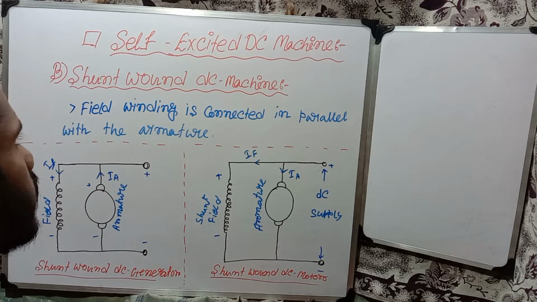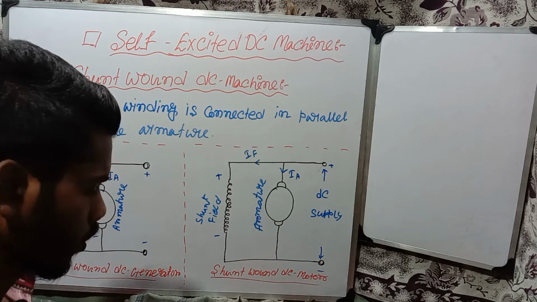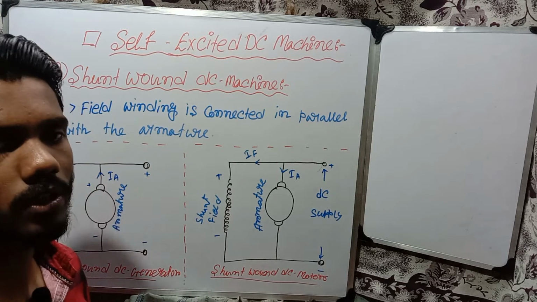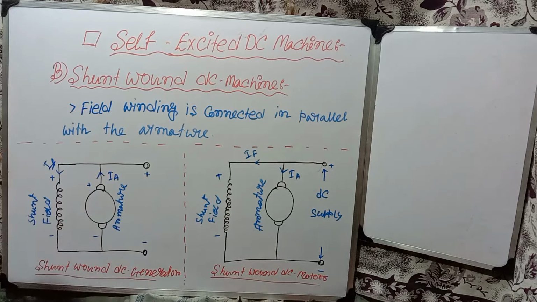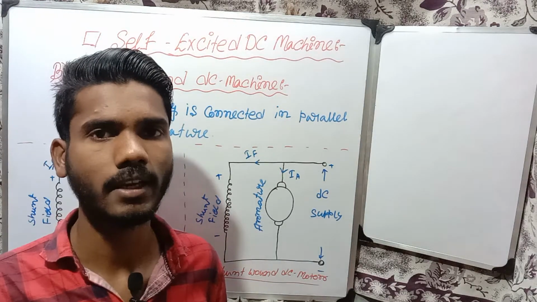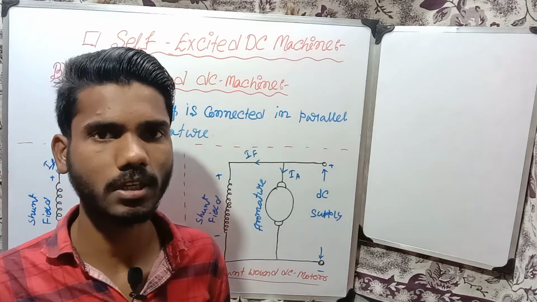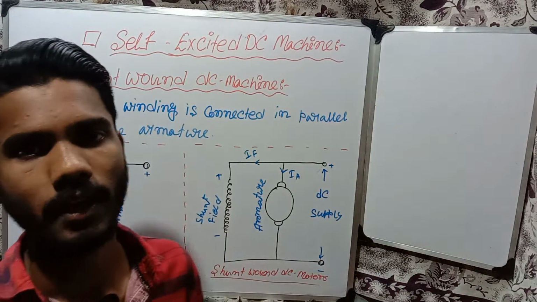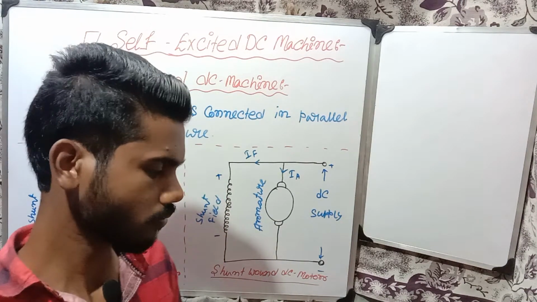Now I will discuss the shunt wound DC machine. So first we will learn what a shunt wound DC machine is. In a DC machine, if the field winding is connected in parallel with the armature, then we call this DC machine a shunt wound DC machine.